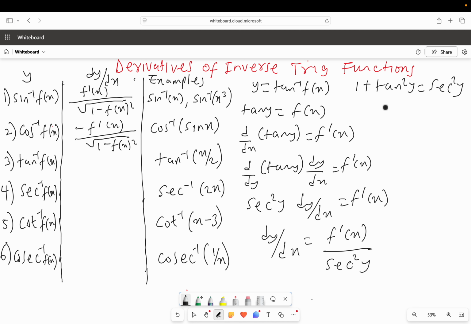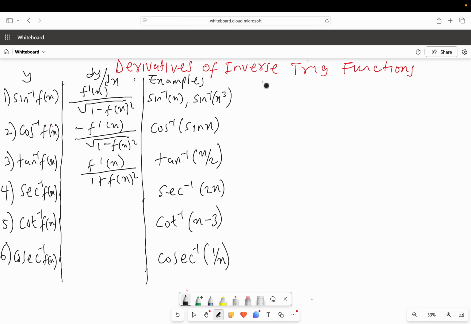So if I make the substitution here, my sec square y will just be 1 plus f of x squared. So if I substitute this into this equation, my dy dx will just be f prime of x divided by 1 plus f of x squared.